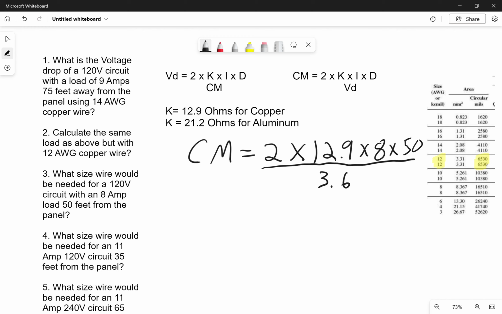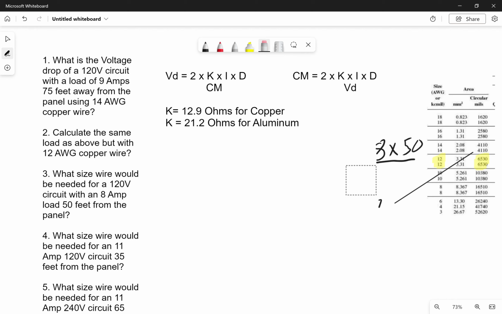Divide that all by 3.6, and we get 2,866.67 circular mills. So then we just look over at our chart over here and see that that is bigger than a number 16, so we're going to use a number 14 for that problem.